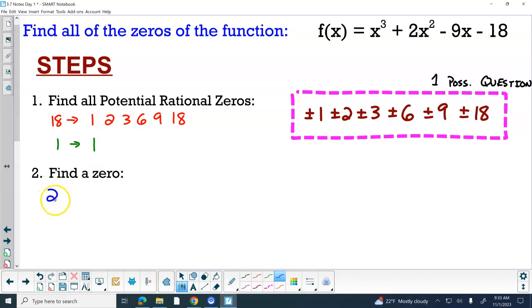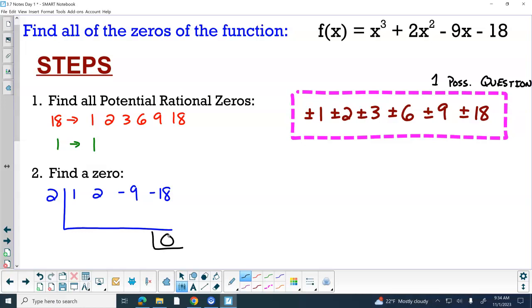So I'm going to do 2 into 1, 2, -9, -18. If 2 is a 0, what should I get down here? 0. I should get 0 right there. If I don't, 2 is not a 0 and I have to keep going. With me?